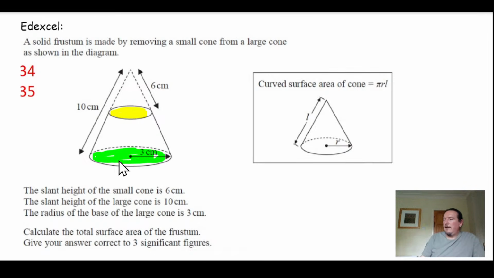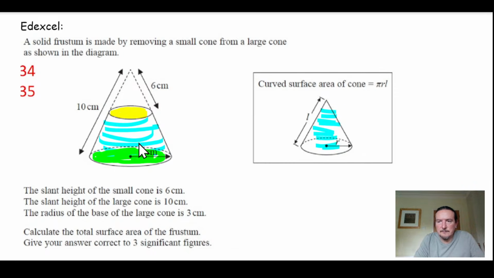More work. And we've got the curved surface around the edge, haven't we? You've got this kind of bit that goes around like that. So they've given us the formula for working out the curved part, but we've also got those 2 circles that we need to add on. So quite a bit of work to do here.